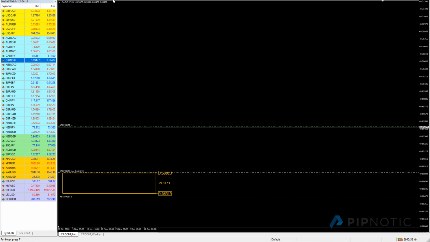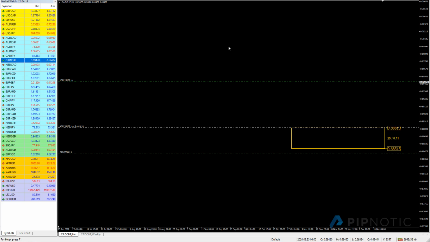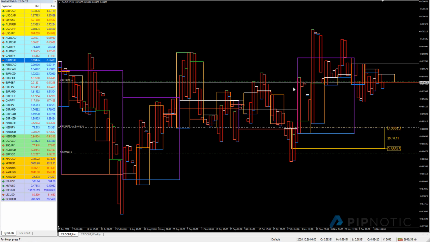And so where would we want to get out of this trade? Let's have a look. Got to wait for everything to load. Okay, so we did have this month close above this month here, and so this is telling us that we do have a keen interest on driving price higher shorter term.